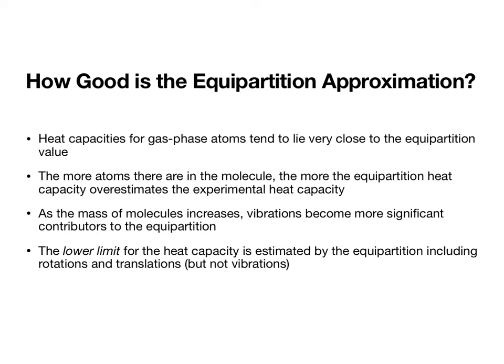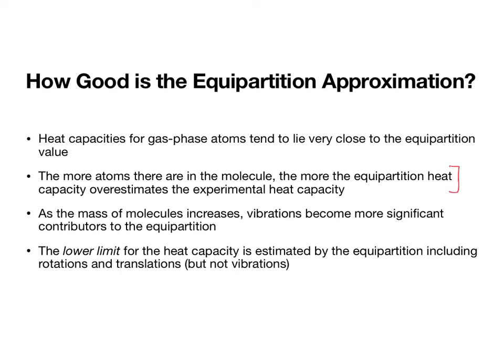As the mass of the molecules increases, vibrations become much more significant contributors of the equipartition. And really, the lower limit of the heat capacity is estimated by the equipartition, including rotations and translations, but not vibrations.